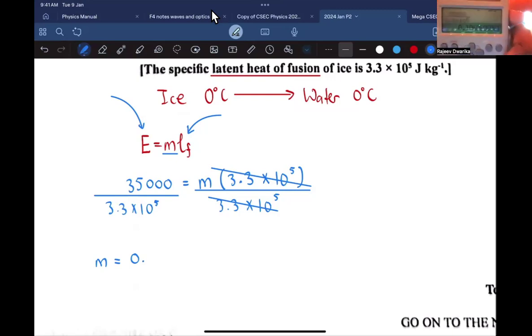Right? So if you have a Sharp, let me show you what to plug in. You'll need to put the 35,000 in brackets and then put a divide sign and then put the 3.3 by 10 to the power 5 in brackets, right? That whole thing has to be in brackets.